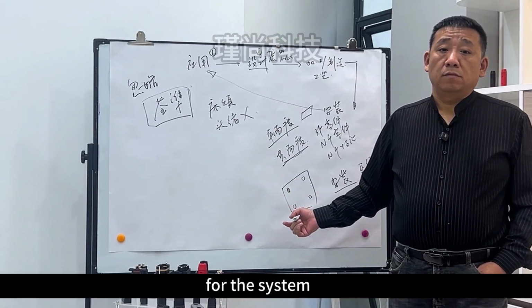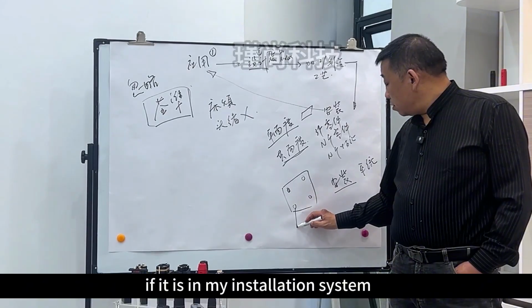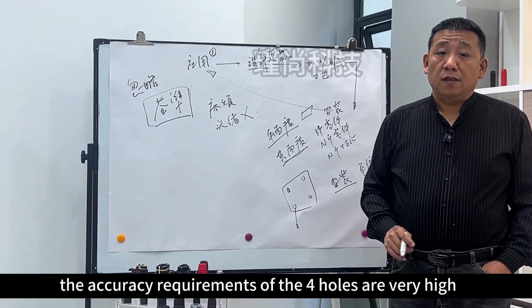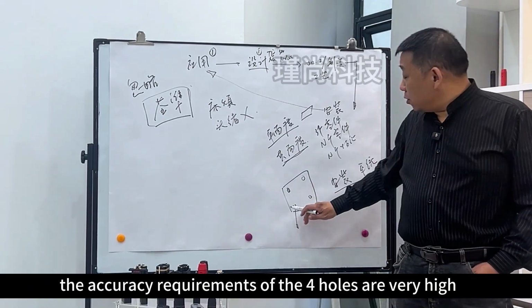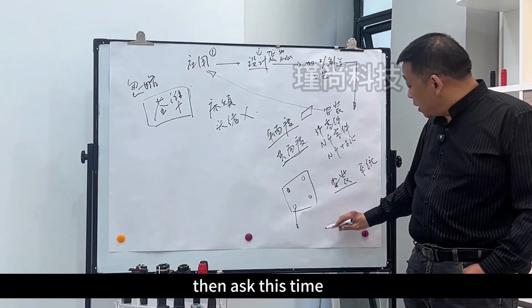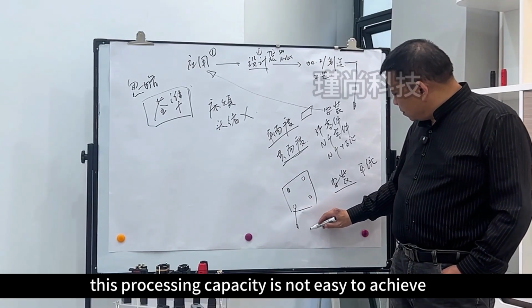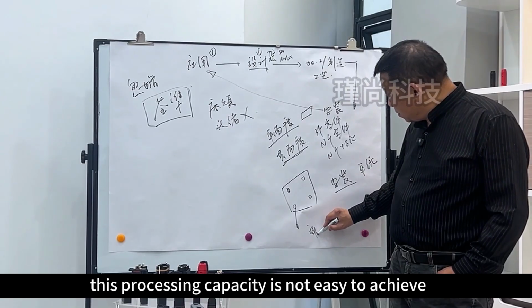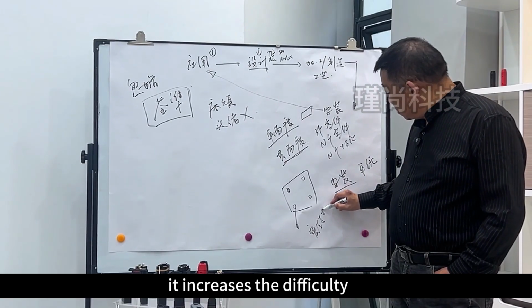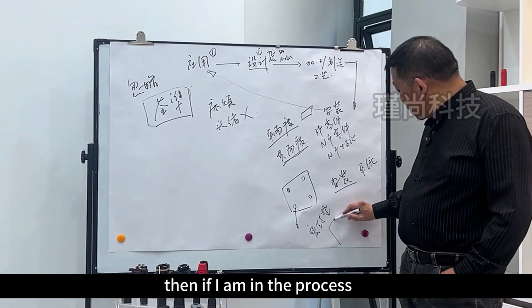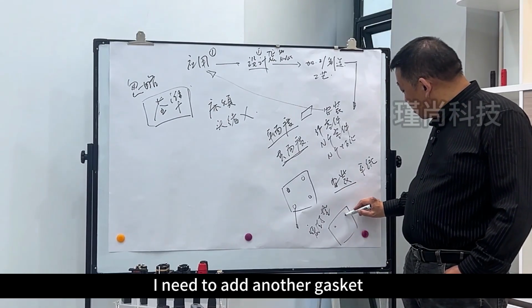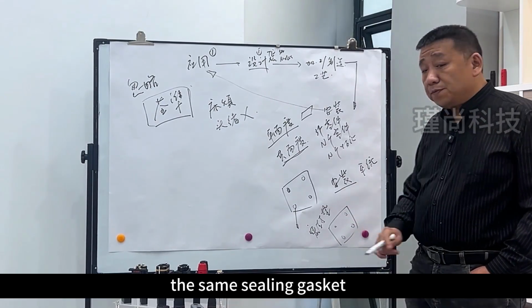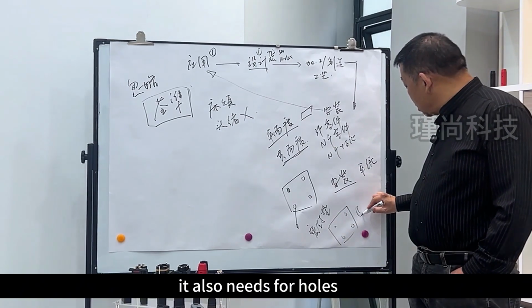For the system, if it is in my installation system, the accuracy requirements of the 4 holes are very high. This processing capacity is not easy to achieve, and it increases the difficulty. Then if I need to add another gasket, the same sealing gasket, it also needs 4 holes.